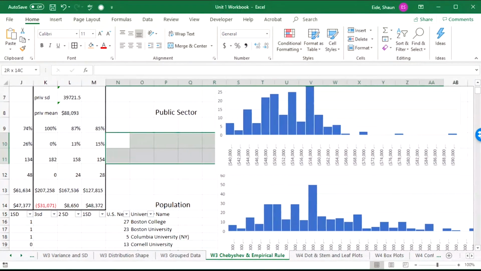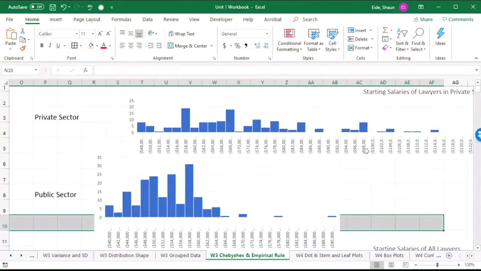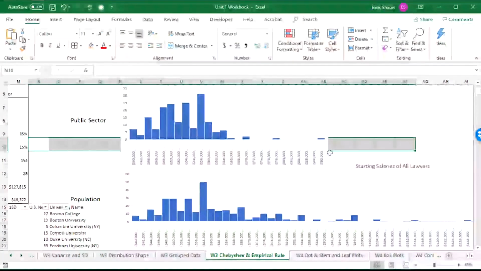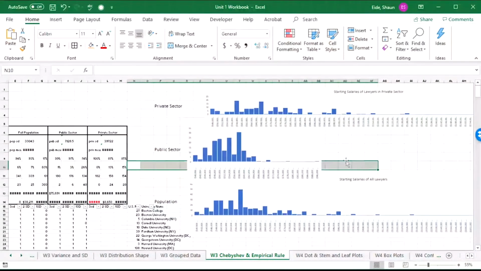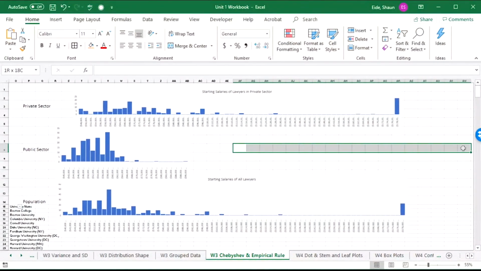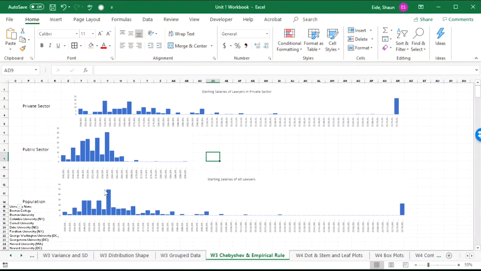And so if you do that, you'll notice, okay, I split it up between public sector and private sector. And so these are the starting salaries, and the reason why I split it up like this, more specifically, is because I've got this spread out exactly where it lands up above, or very close to where it lands up above.